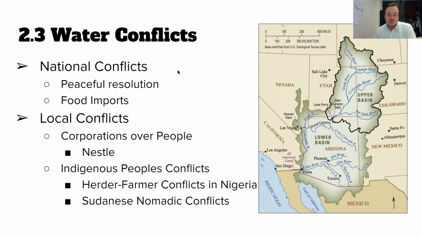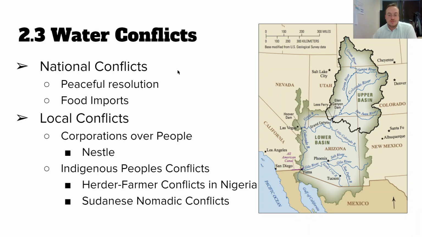Usually on a national scale, or in the US on a state scale, these are solved through very peaceful political alignments. So, agreements for trade, agreements for other things, especially with fisheries.